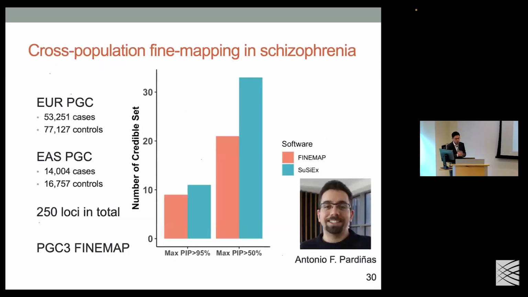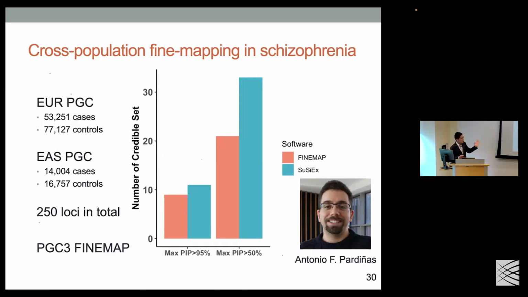And we also applied our method to schizophrenia, the European and East Asian data. We compared our results with the previously published Nature paper, the PGC3, which used FINEMAP and meta-based fine-mapping. They first do the meta-analysis and then perform single-population fine-mapping with FINEMAP. We compared the number of credible sets with different confidence.